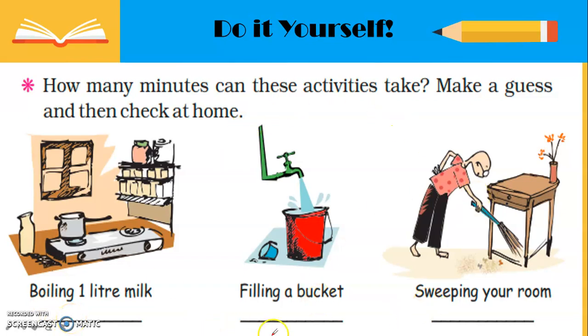Same goes with filling a bucket. Now see, filling a bucket will take different times. It depends on the size of the bucket. It also depends on the speed of water. As you have observed, everybody must be having some proper time when water comes in your house.